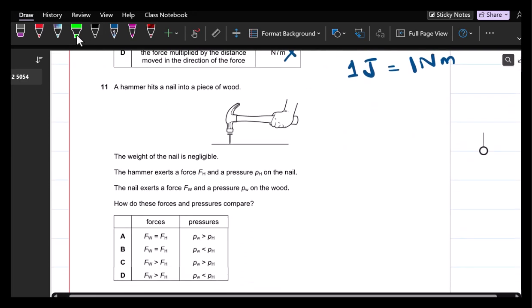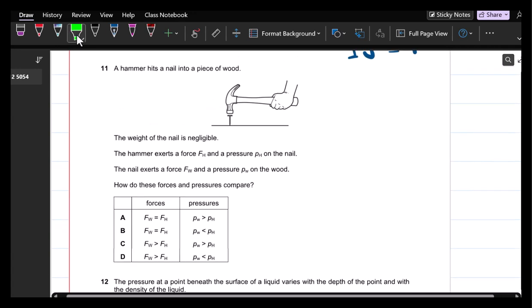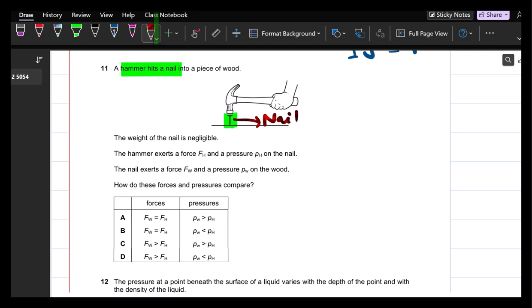Moving towards question 11. A hammer hits a nail. This is the nail, you can see, and the hammer hits a nail into a piece of wood. The weight of the nail is negligible. Okay, this thing is right.